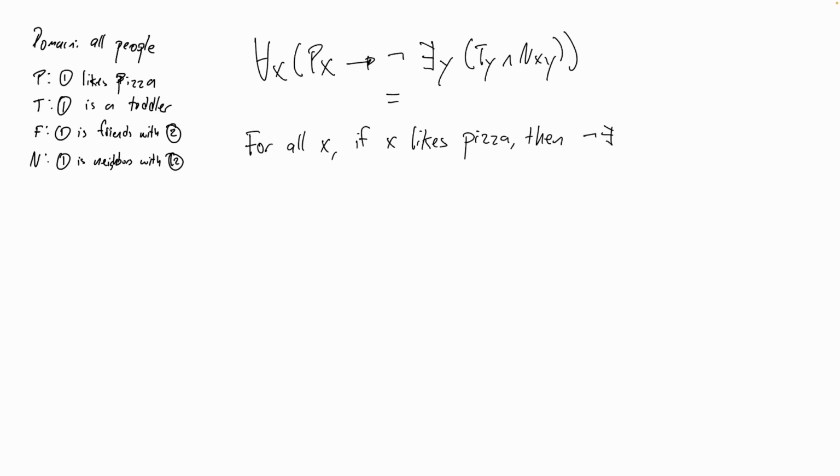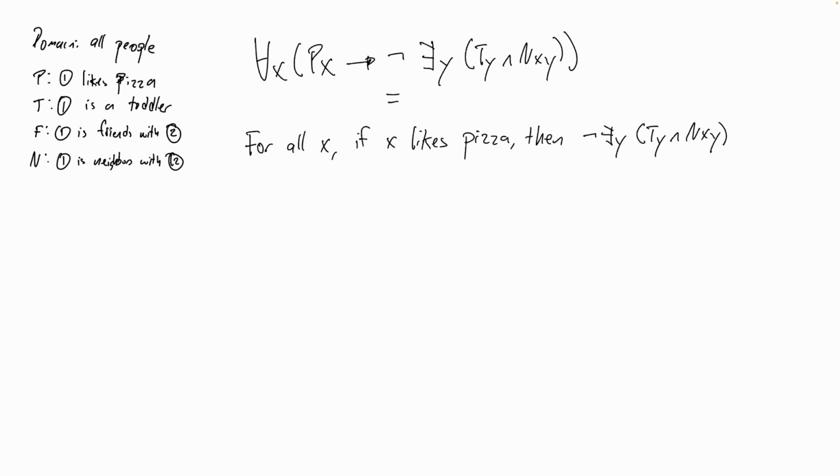It's not the case that there exists a y such that ty and nxy. But let's not worry yet about exactly what that somewhat complicated part is saying. Let's just notice the basic structure of the formula. It's saying that for all x, if x likes pizza, then x meets some further, somewhat complicated condition.